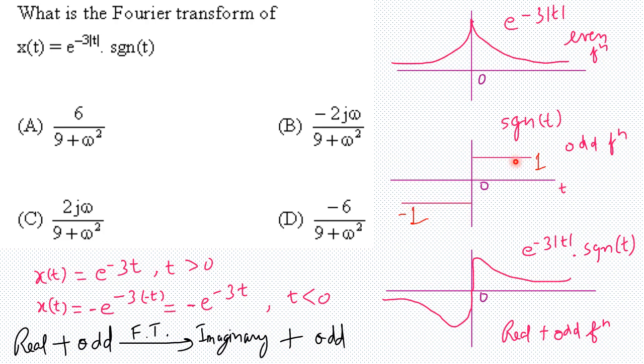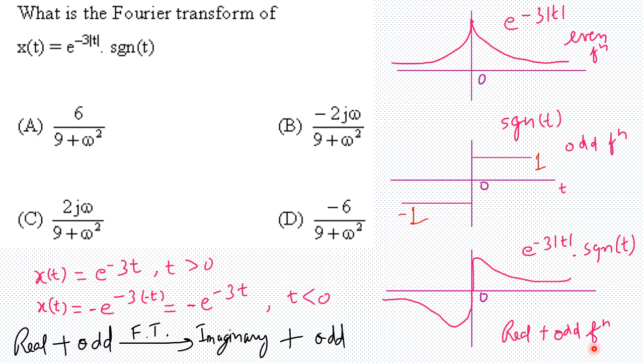Now when these two are combined together, the resultant function is a real and an odd function. So the magnitude lies in the first and the third quadrant. For t less than 0 or for t more than 0, the graph is such that the entire function becomes an odd function. So we can write that it is a real and odd function.